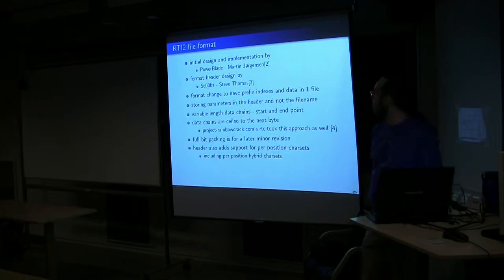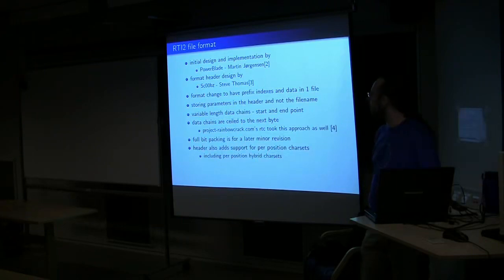All right, so RTI2 is the file format. The one that we've had for years is just RTI, and the original rainbow table format is called RT, with the file extension .rt. RTI just is rainbow table improved, essentially. The initial design and implementation, and I wish that I had people that are no longer in the project.